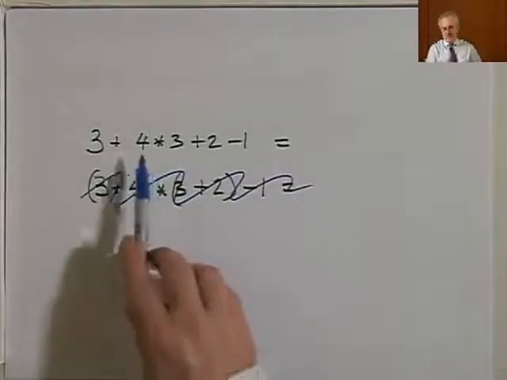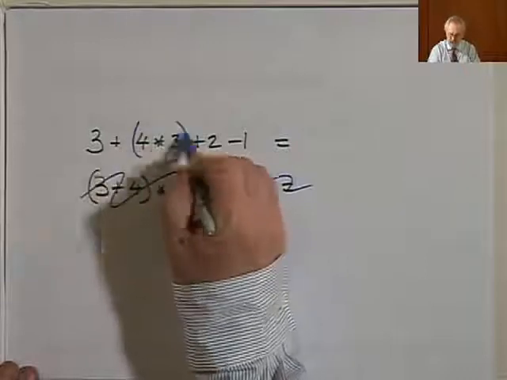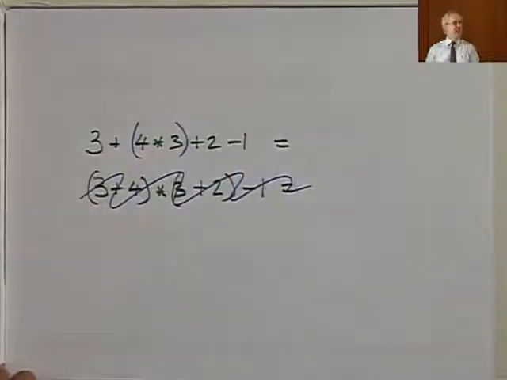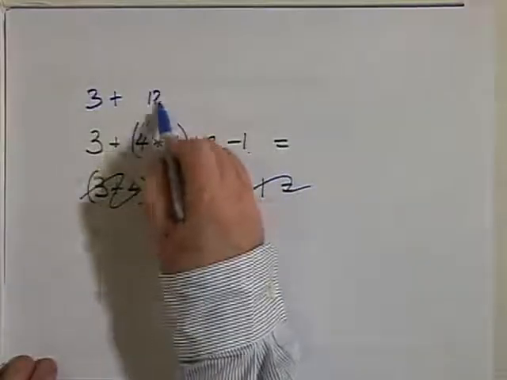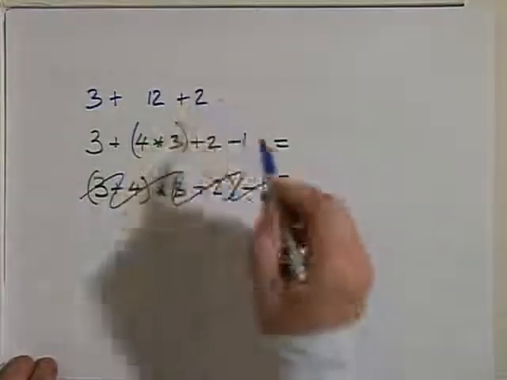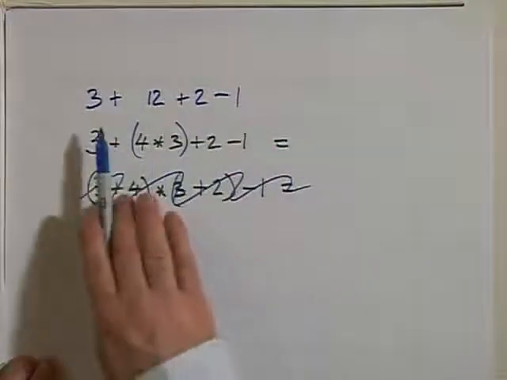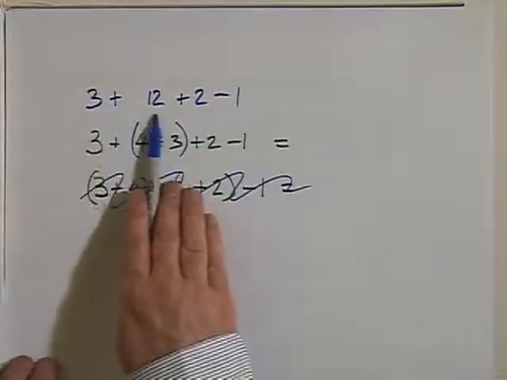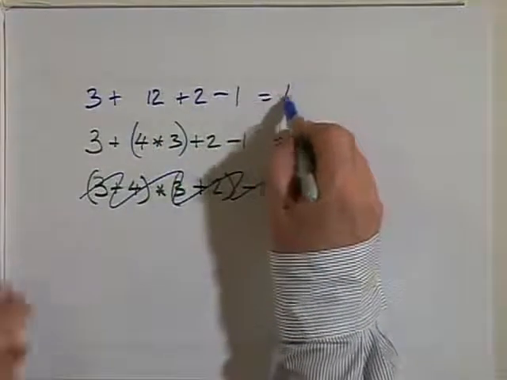And they say, where there is multiplication in an expression, you do that first. So there's naturally brackets around that. So that would be 3 plus 12 plus 2 minus 1. And because they're just additions and subtractions, then the order now can be done in sequence. 3 plus 12 is 15, plus 2, 17, minus 1 is 16.